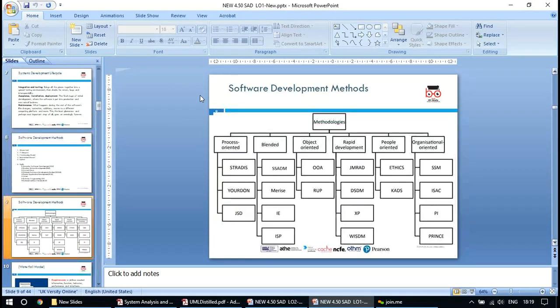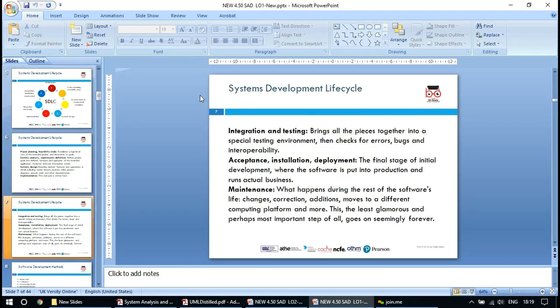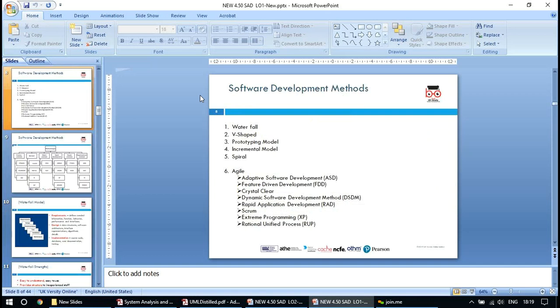For every system development, you need planning, then analysis, design, implementation, integration, acceptance, and maintenance. And by following it, there are certain software development methods, like waterfall, prototyping model, incremental model, and agile methods.